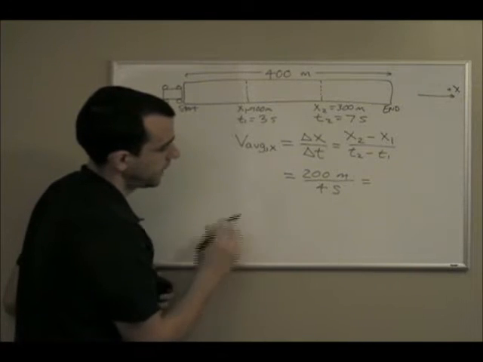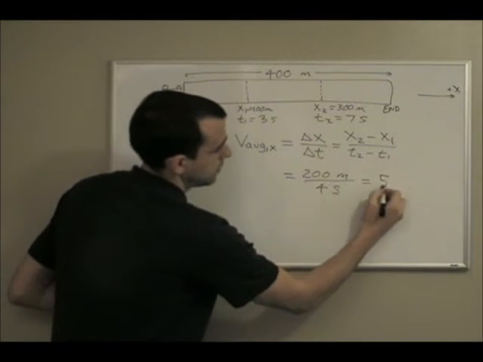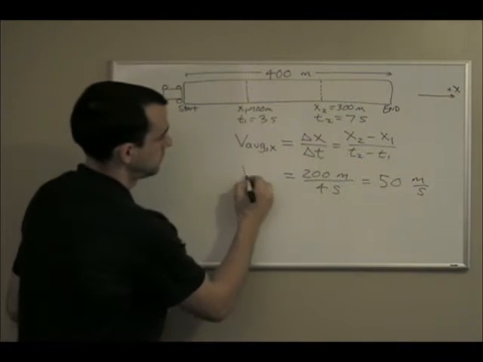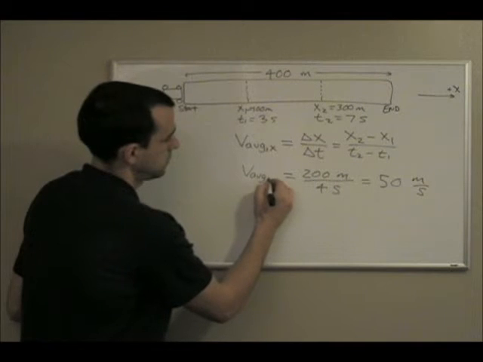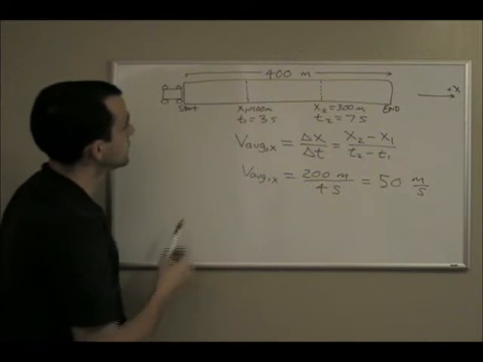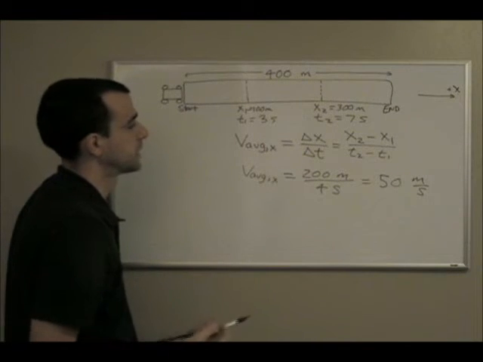If you divide that out, you get 50 meters per second. So the average velocity of the car between line 1 and line 2 was 50 meters per second again.